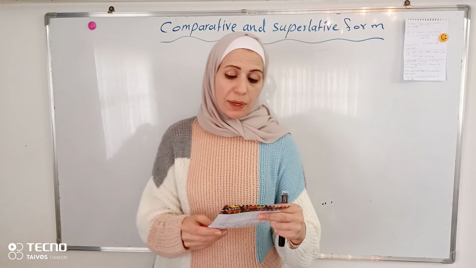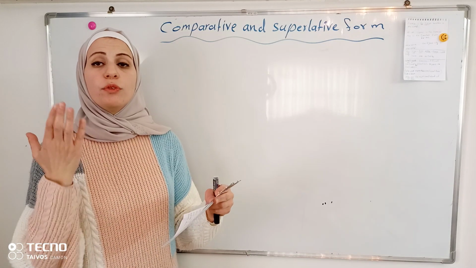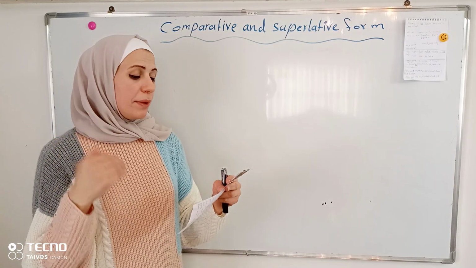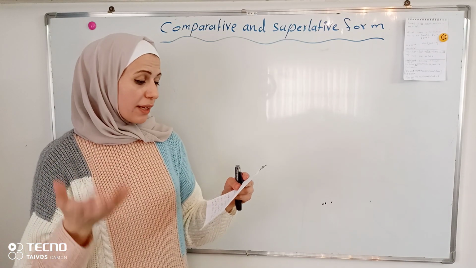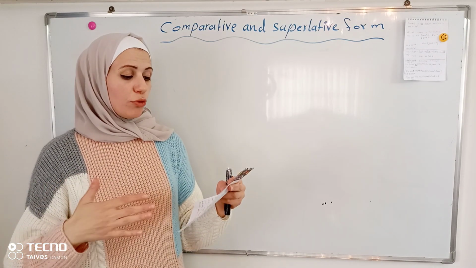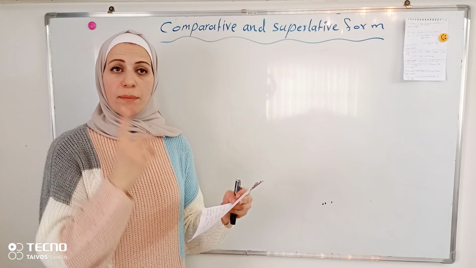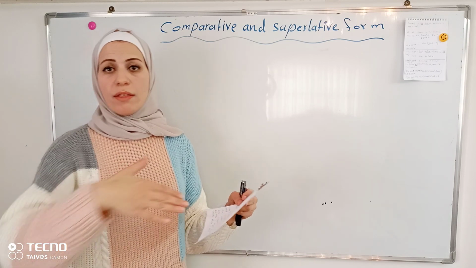But when we use superlative form, we use superlative to show the difference between more than two things or more than two people, to show the difference between one thing or one person and the rest of a group.